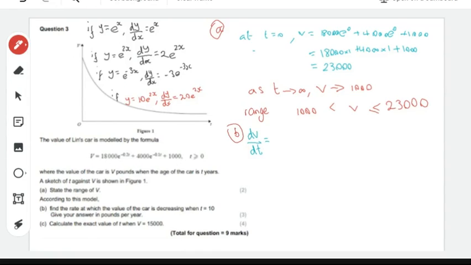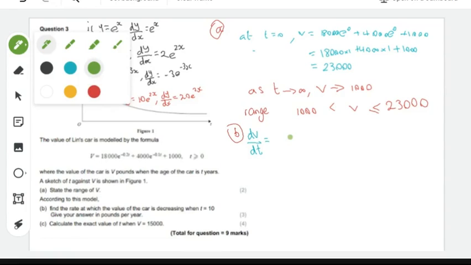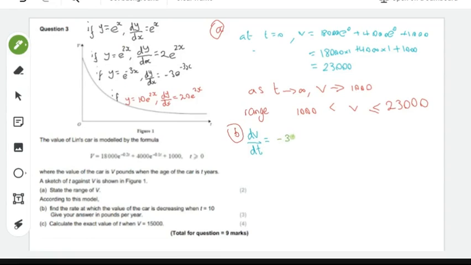Sir, could you do B as well, just to make sure? I don't have a mark scheme, just to see if we get the same answer. So 18,000 times 0.2. Times 0.1 is 1,800. Times 0.2 is 3,600. So minus 3,600e to the minus 0.2t minus 400e to the minus 0.1t.